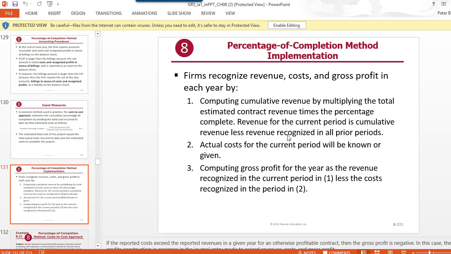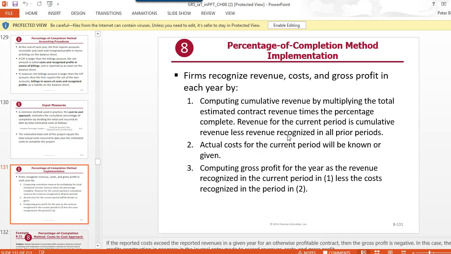Revenue for the current period is cumulative revenue, less revenue recognized in all prior periods. So to recognize revenue in that one period, you're going to take the cumulative revenue of the project, and subtract the revenue that's already been recognized from prior years.